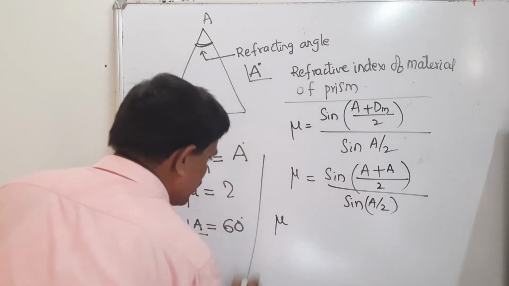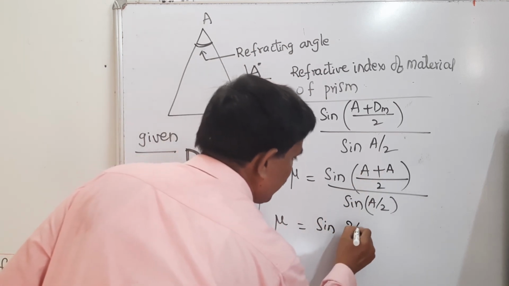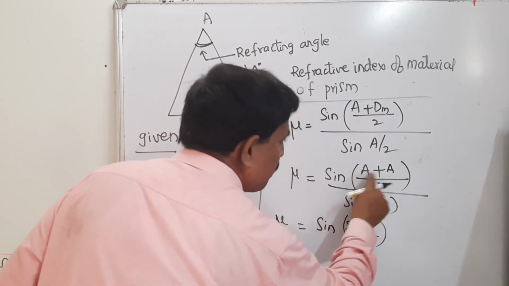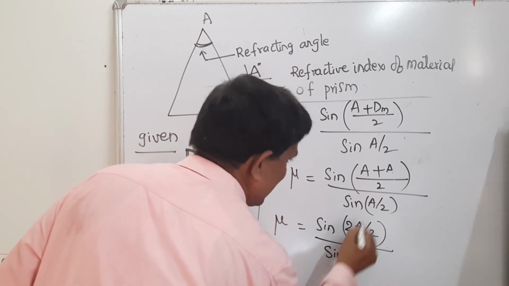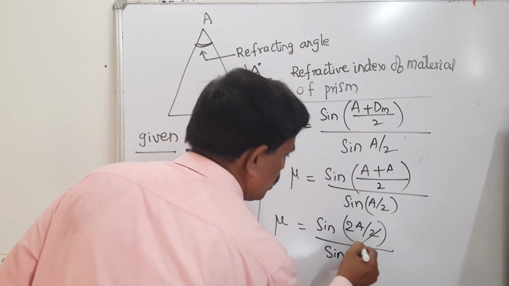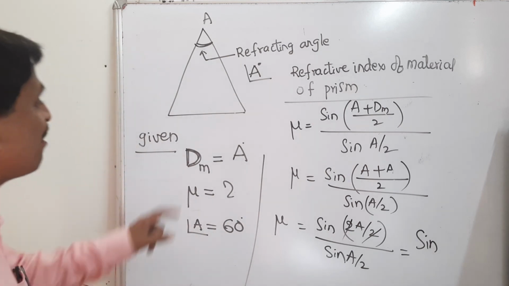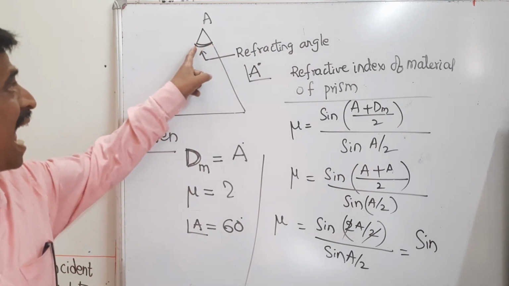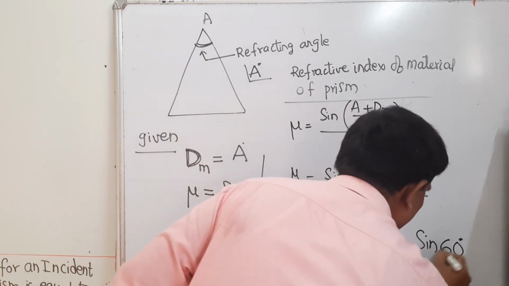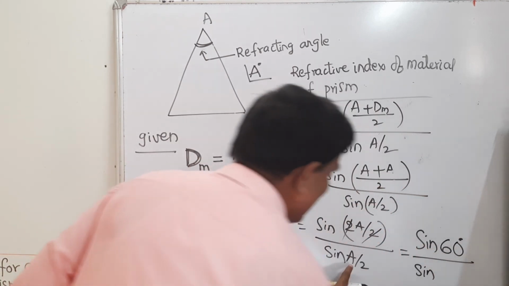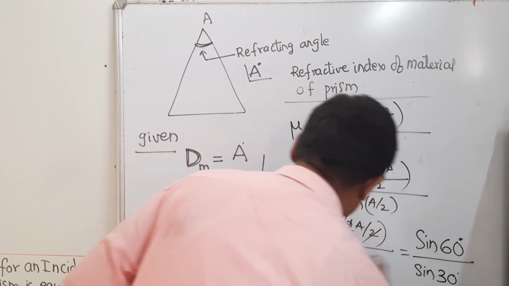Mu is equal to sine of (A plus A) by 2, that is 2A by 2, divided by sine A by 2. The 2 gets cancelled, so sine of A divided by sine A by 2. For the equilateral prism, A is 60 degrees, and 60 divided by 2 is 30 degrees.